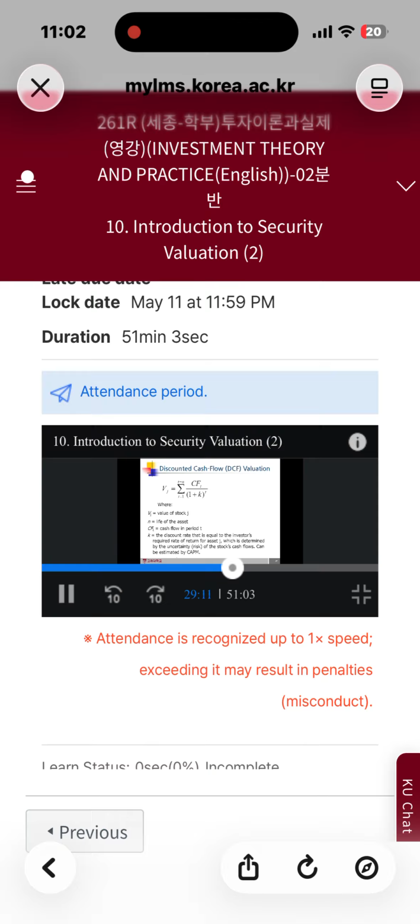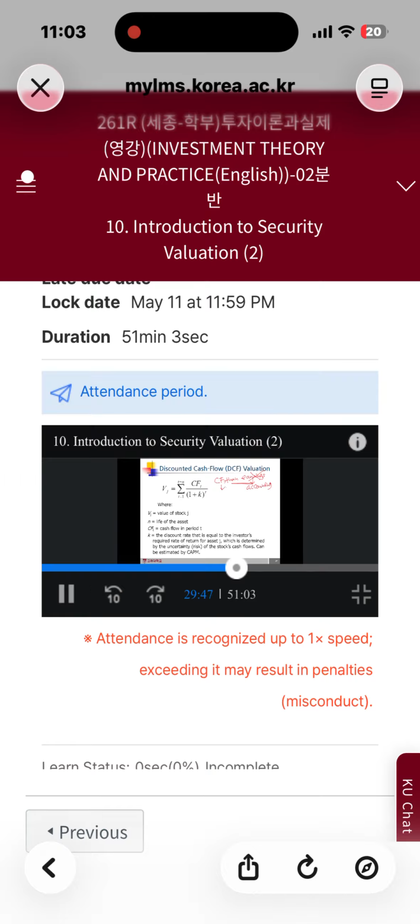Okay, we use cash flow rather than earnings. We don't use earnings because earnings is an accounting concept. This concept considers non-cash revenues or expenses, so we only consider cash on a cash basis.